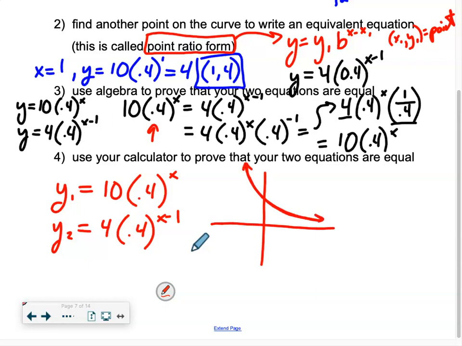So you can either check by checking the graph to see that it goes right on top of itself. You could do a trace on several numbers to see if they have the same ordered pairs for both graphs. Or you can look at your table and you'll see that all the y values are the same for both equations.